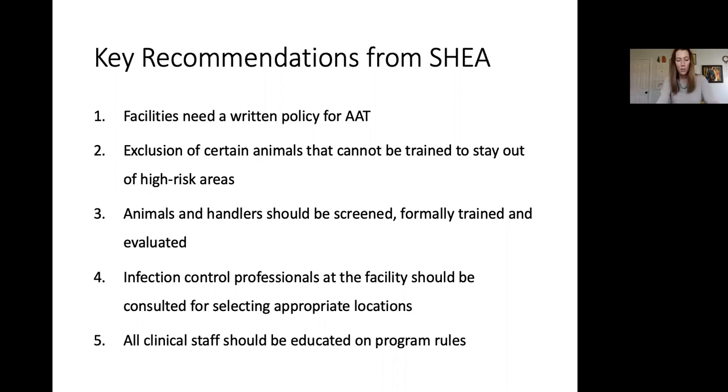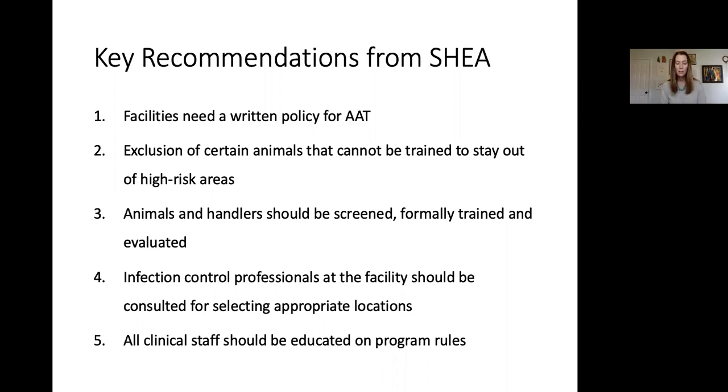So SHEA recommends that facilities have a formal written policy. So we need to make sure that we've got our rules in place and that they should be used at the facility, as well as the animal-assisted program itself should be well aware of them. Certain animals should not be allowed to be in these therapy situations.